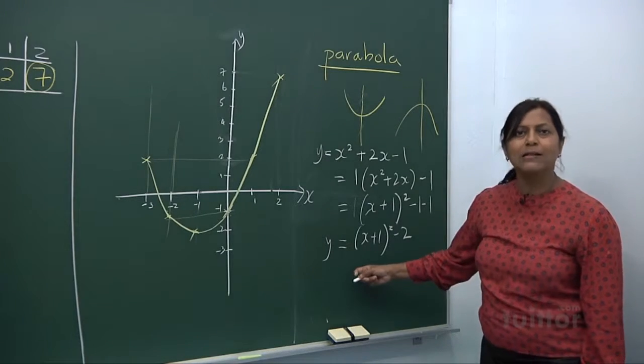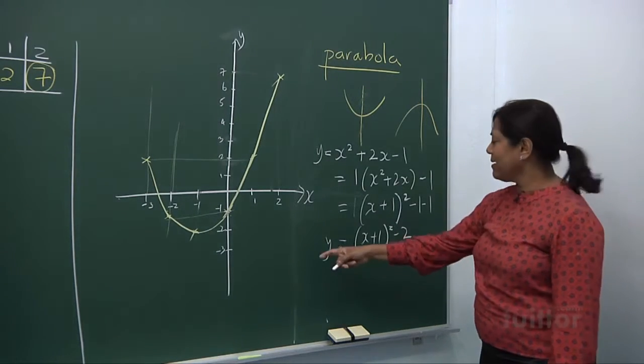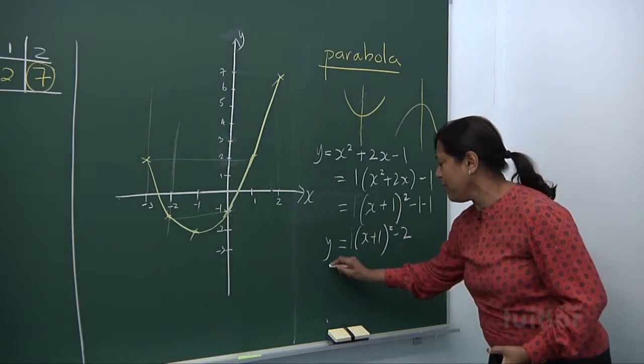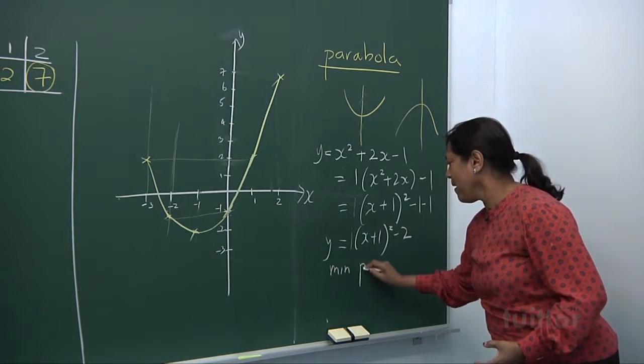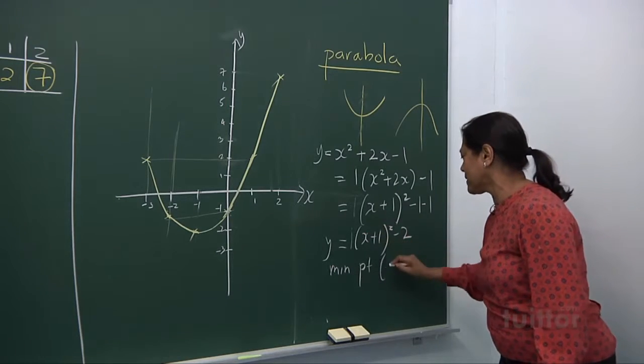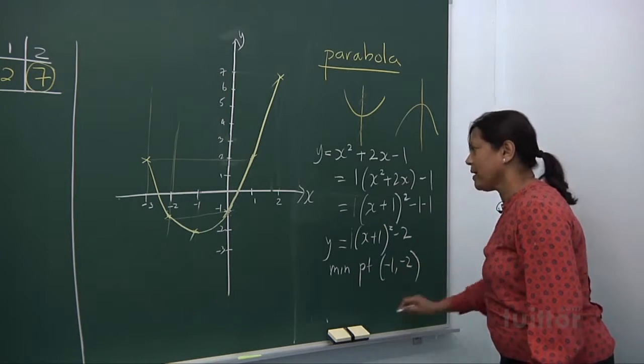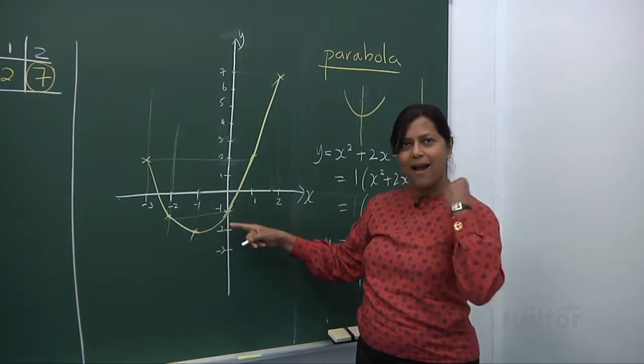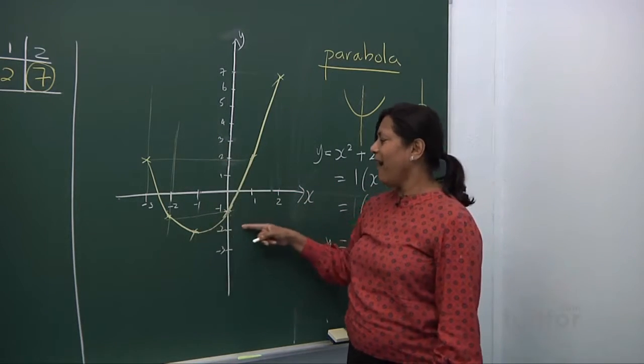This is called completing the square. And it tells you very clearly the minimum point because this is positive 1. It's a minimum point. And the minimum point is when x is minus 1, y is minus 2. Did we get that? You saw that?